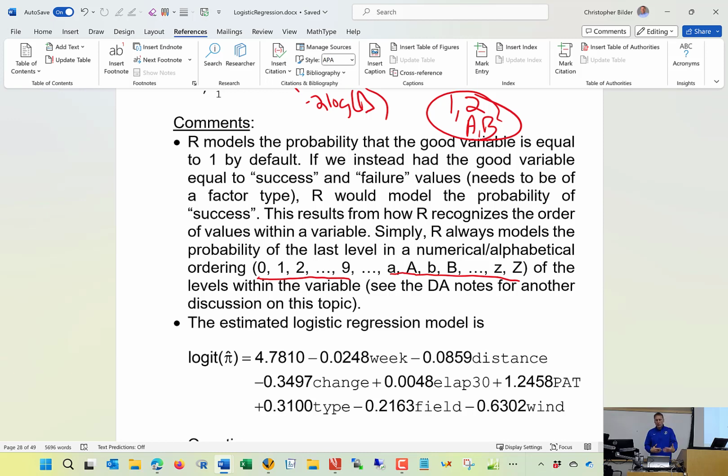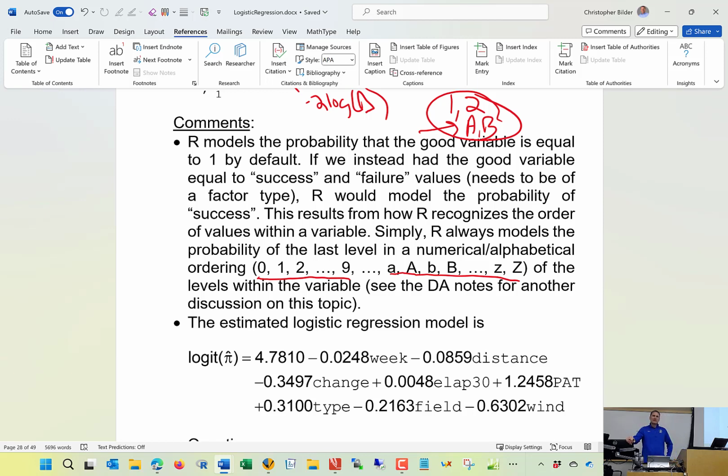So the probability y is equal to B is what R would be trying to model if you had levels A and B for your dependent variable. Any questions about that? Obviously, it's very important because you don't want to be doing the exact opposite of what you think is actually occurring. And it's not consistent across software packages.